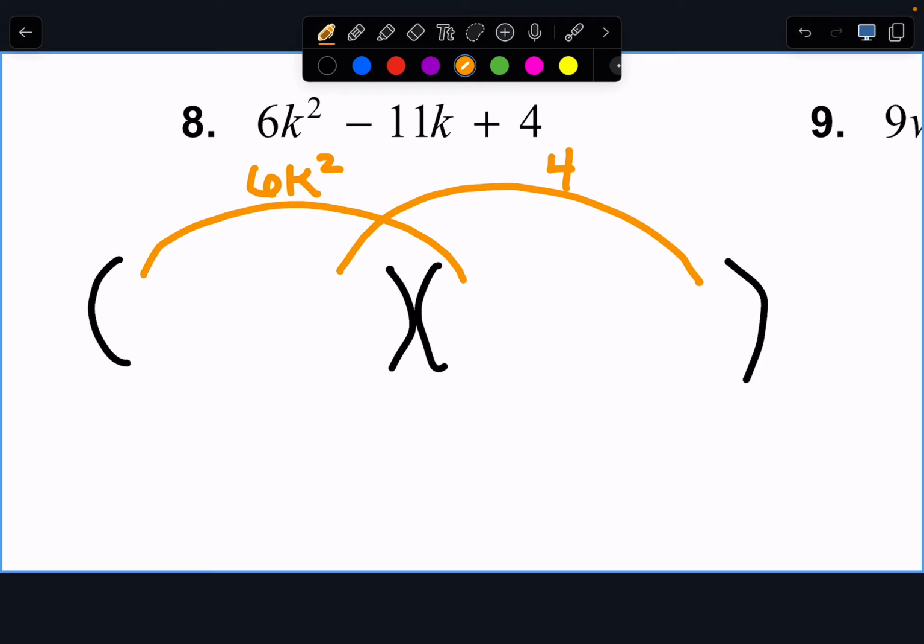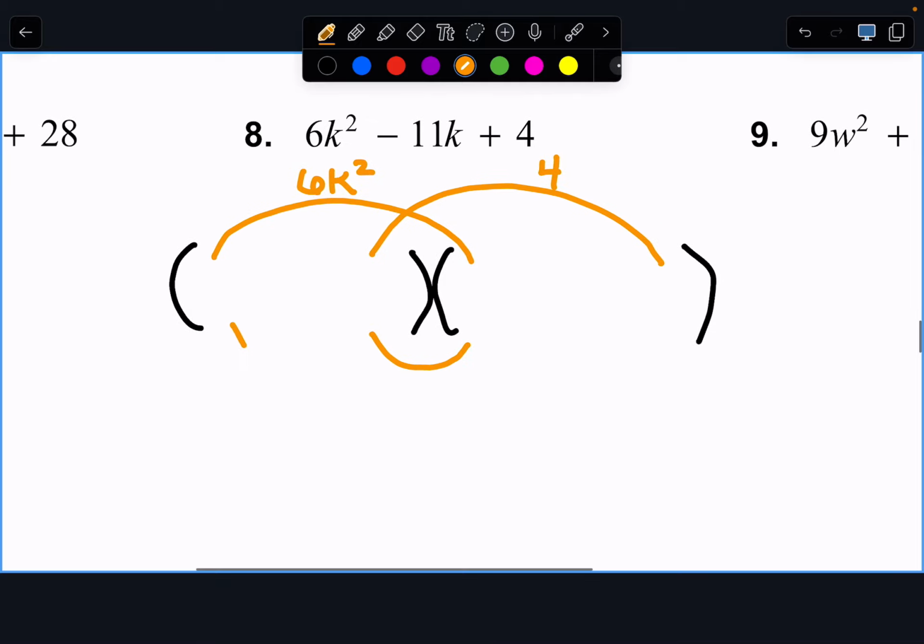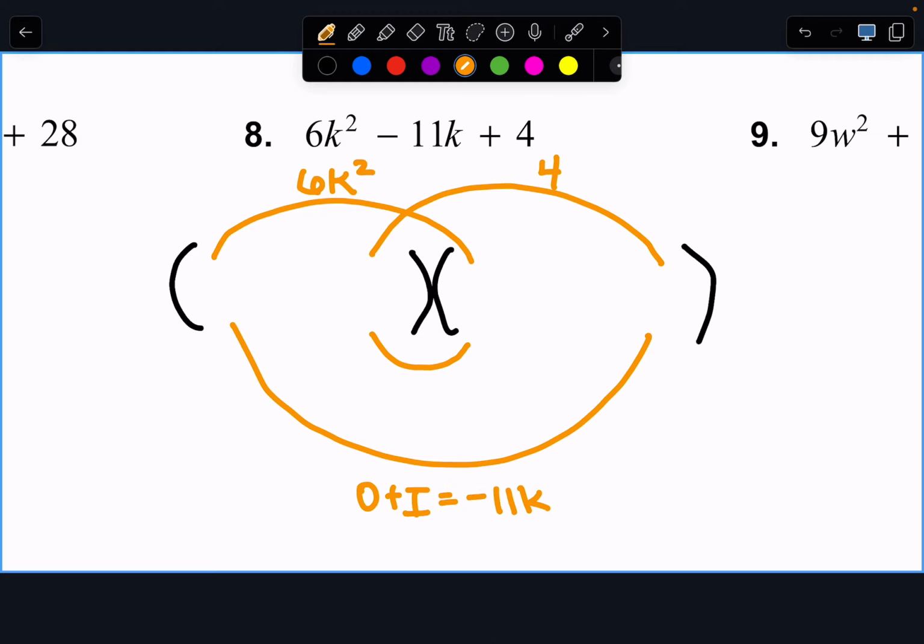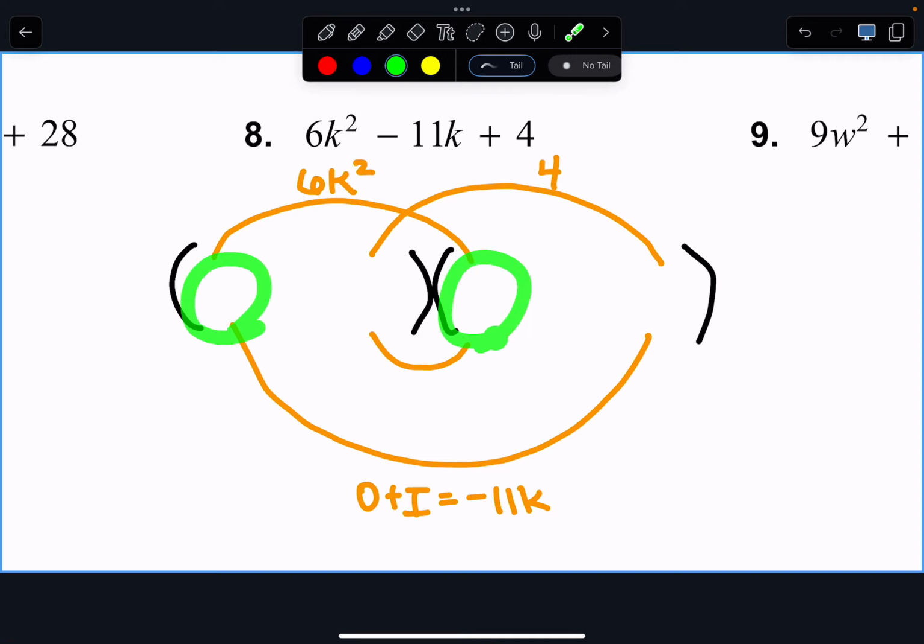We also know that our inside plus our outside needs to be negative 11k. We can't do the simple "adds to negative 11, multiplies to 4" because we now have coefficients with k. We have to think about how it would FOIL out to make sure we have the right answer.